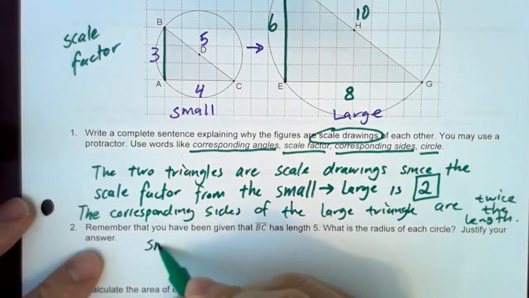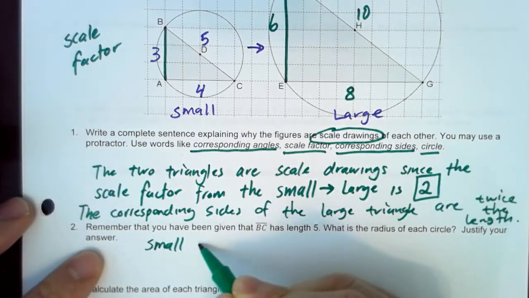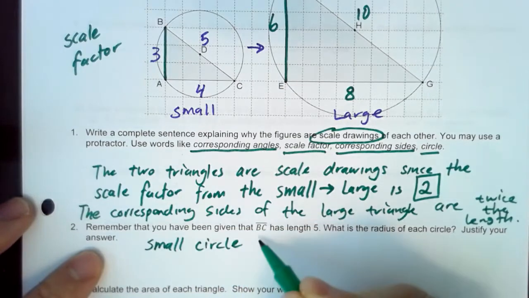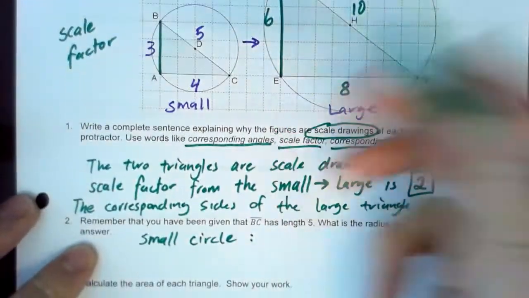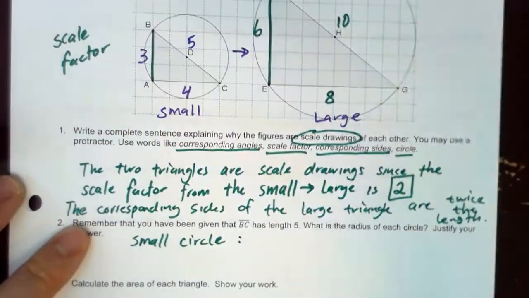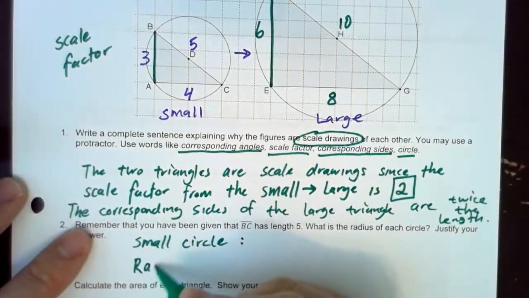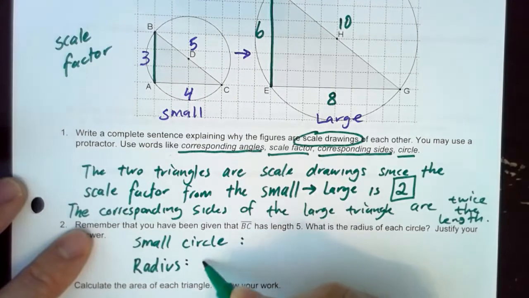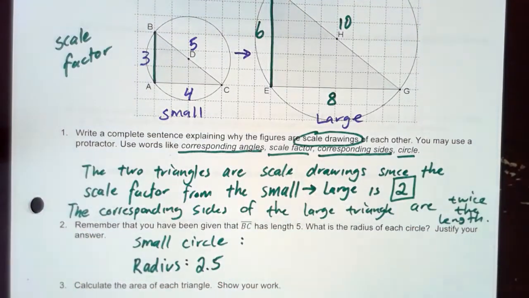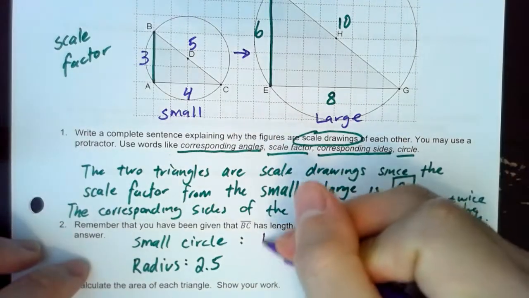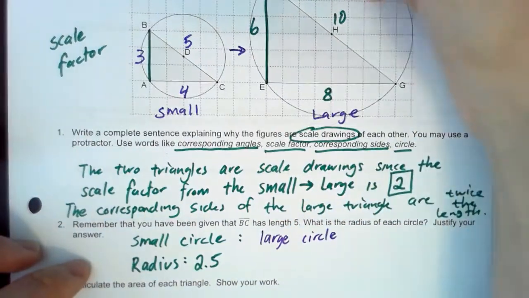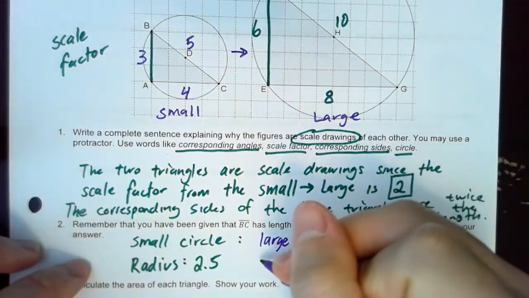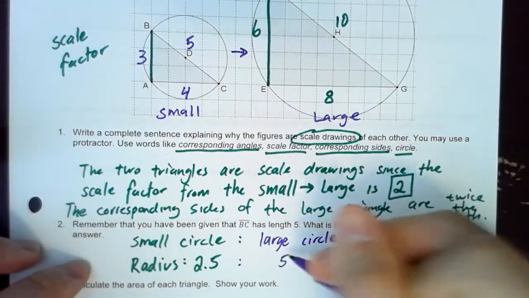So for the small circle, I would say the small circle has a diameter of 5, but it also means that it has a radius of 2.5. The large circle has a diameter of 10, which means its radius is simply just 5.